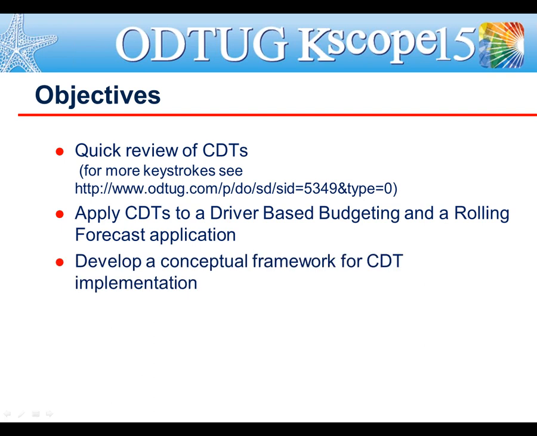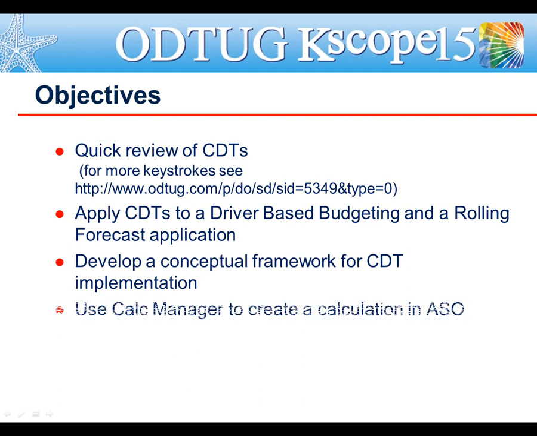When I first started trying to learn custom-defined templates, it took me quite a while to wrap my head around it. So I wanted to try to develop a conceptual framework that makes this easier to think about.